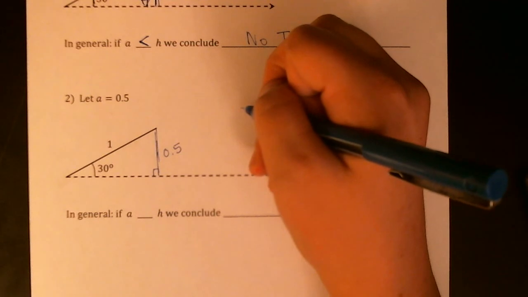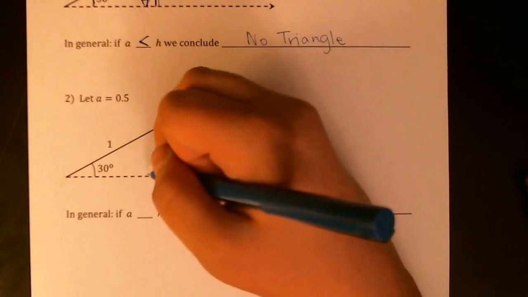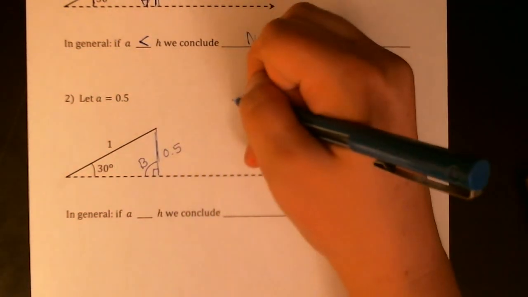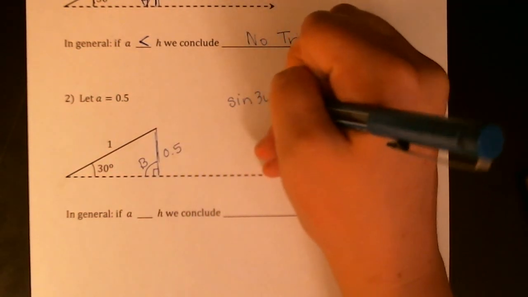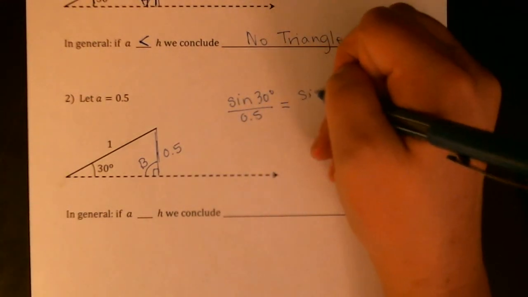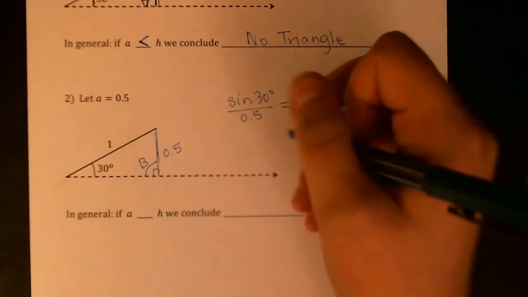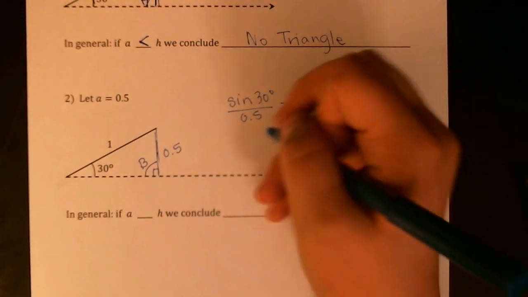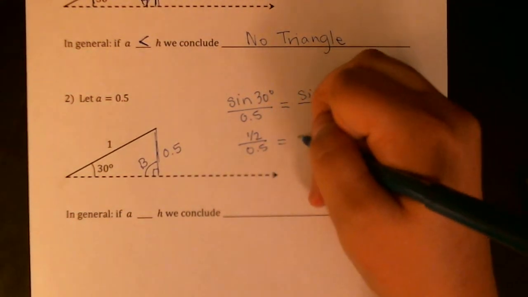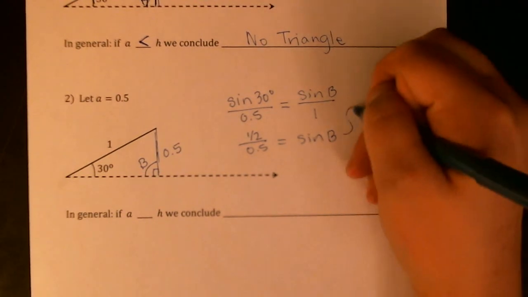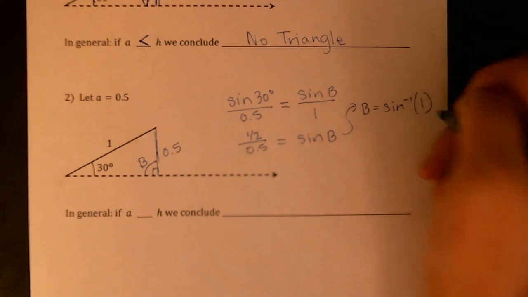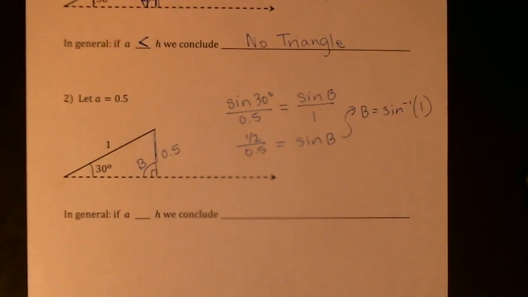So pretending we don't already know that's a right angle, if we call this B again, we would say we have sine 30 degrees over 0.5 equals sine B over 1, which means sine 30 degrees was 1/2, so 1/2 over 1/2 is equal to sine B, which means that B is equal to the inverse sine of 1. And I don't need a calculator to tell me that.